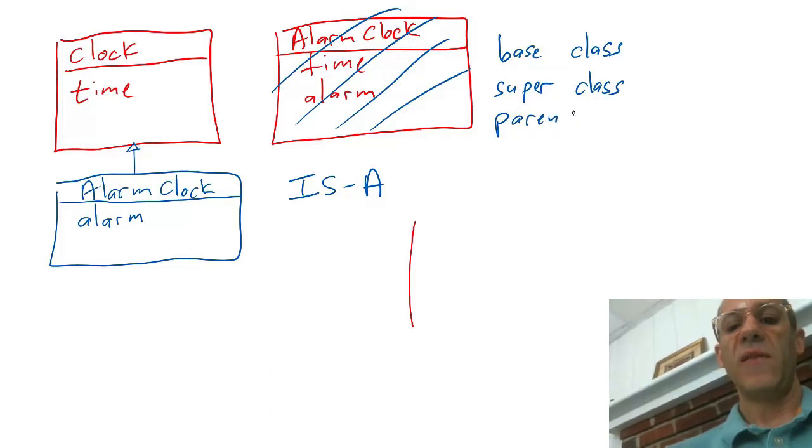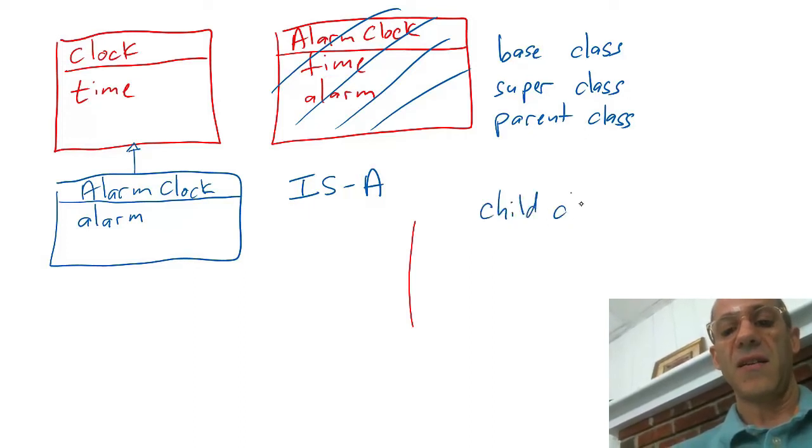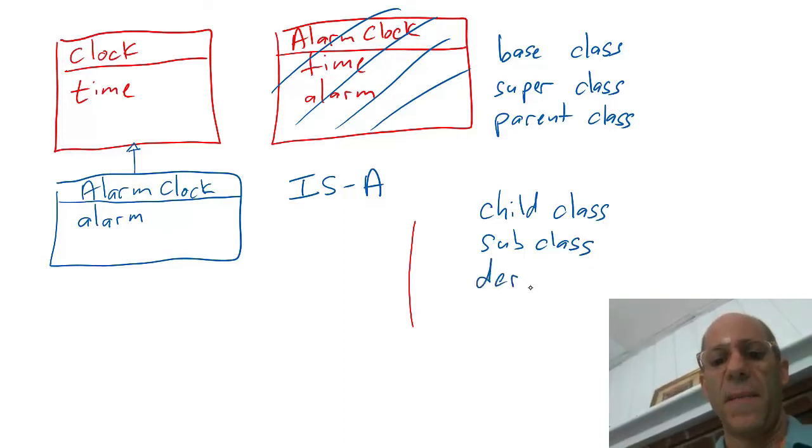These are all equivalent words, and they mean the thing that you are inheriting from. The alarm clock, on the other hand, is called the child class, or the subclass, or the derived class.